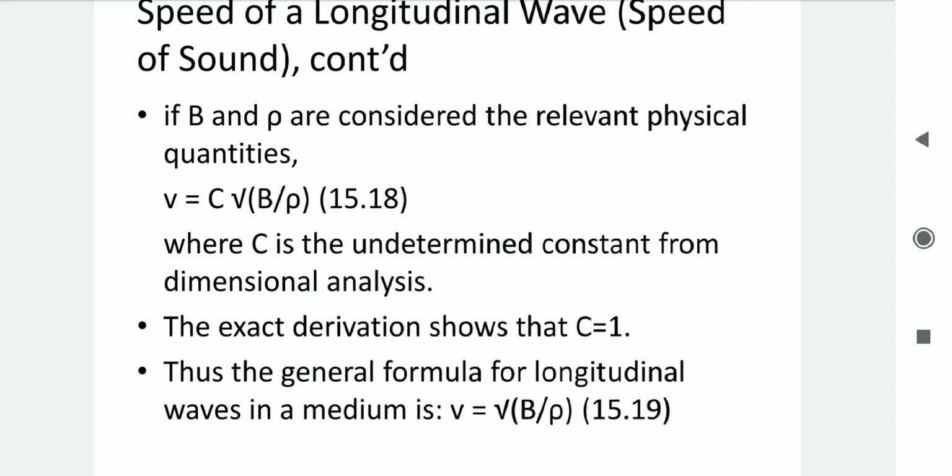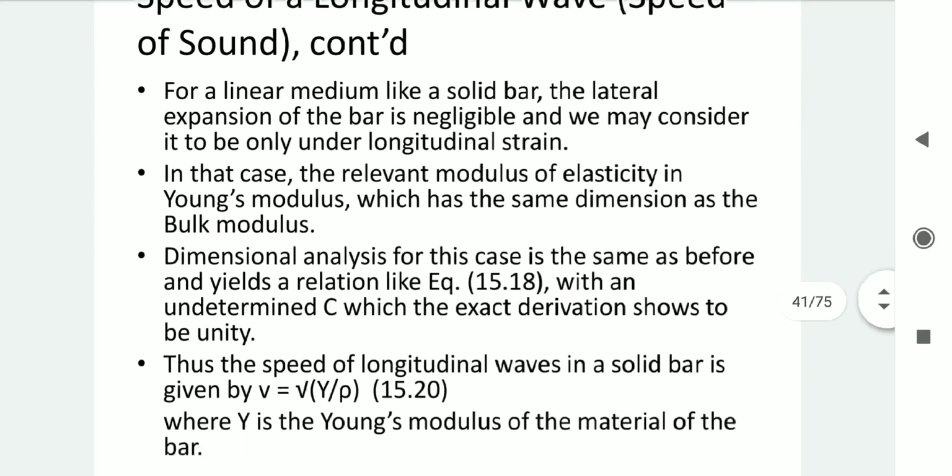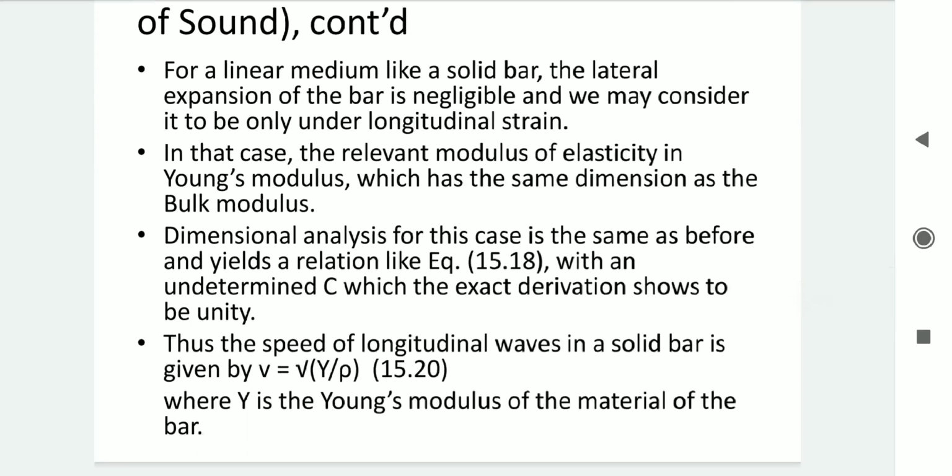The dimensional analysis for that case is the same as before, and it gives C equal to 1 for the proper derivation. We get the speed of a longitudinal wave in a solid bar as V equal to under root of Y by rho, where Y is the Young modulus of the material of the bar.